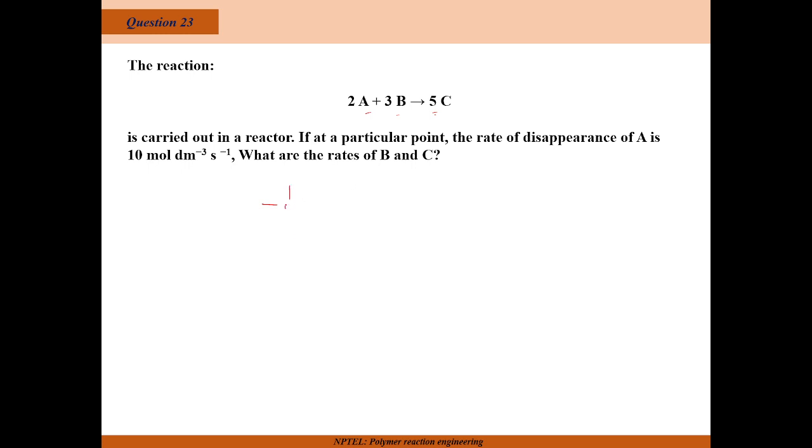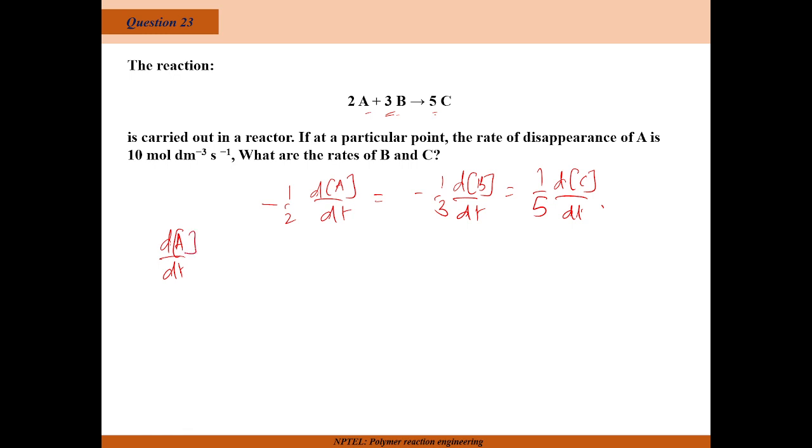So we write it as minus 1 by 2 dA by dt is equal to minus 1 by 3, which is the coefficient of this reaction, dB by dt, is equal to, it is appearing, hence it is a positive one, 1 by 5 dC by dt.